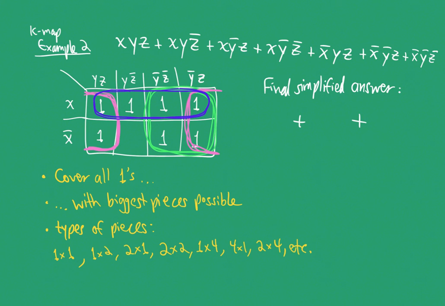We also notice we have not Z or Z. So that means we don't really care what Z is, because either way, we have not Z or Z, which is going to give us 1. All we have left is Y bar. So this green term just becomes Y bar.